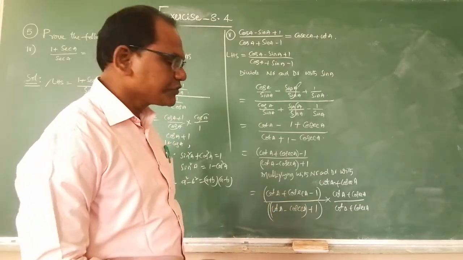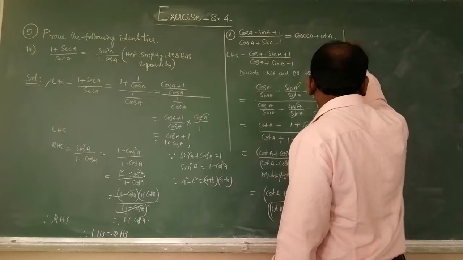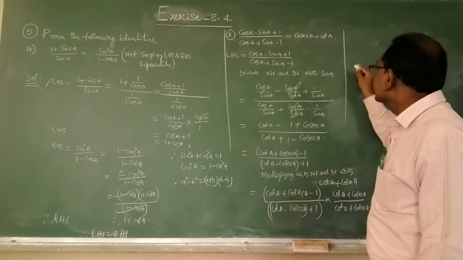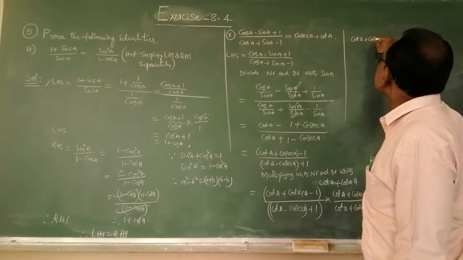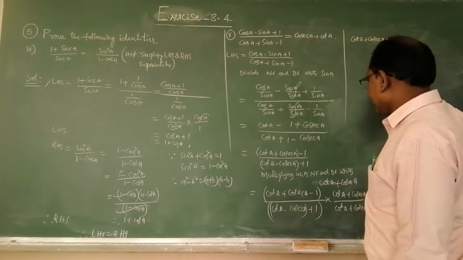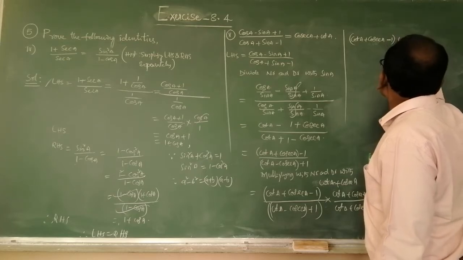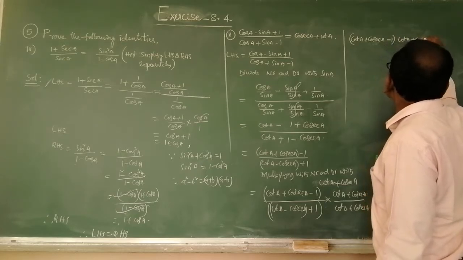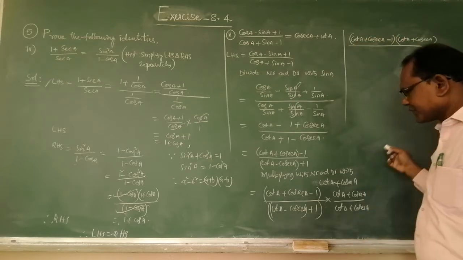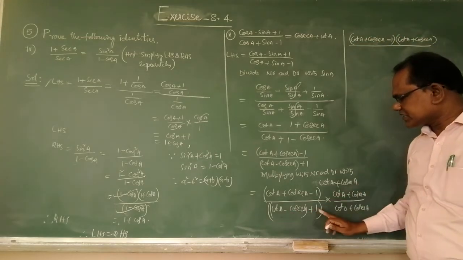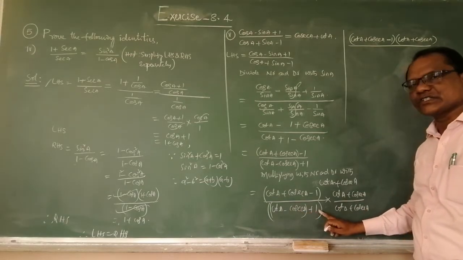So now we should not change any numerator part. The numerator part is as it is: cot A plus cosecant A minus 1, into cot A plus cosecant A. The denominator you have to multiply. This is one term, this is another term. Cot A minus cosecant A is the first term, plus 1 is the second term.